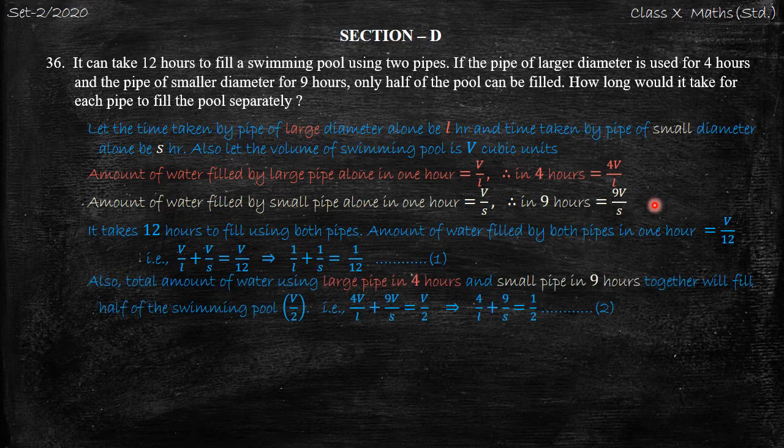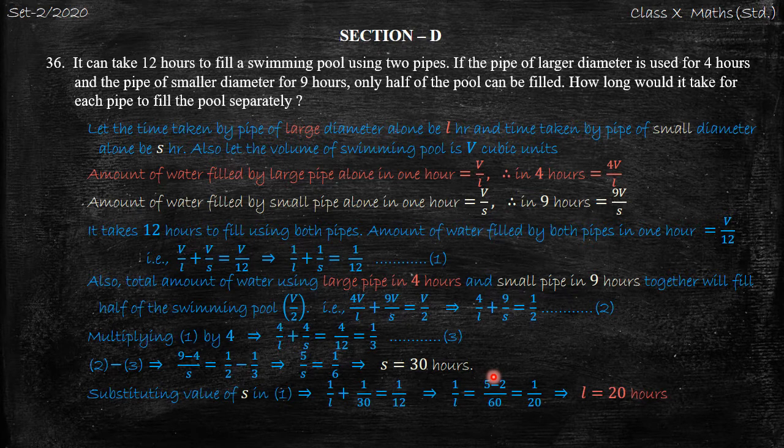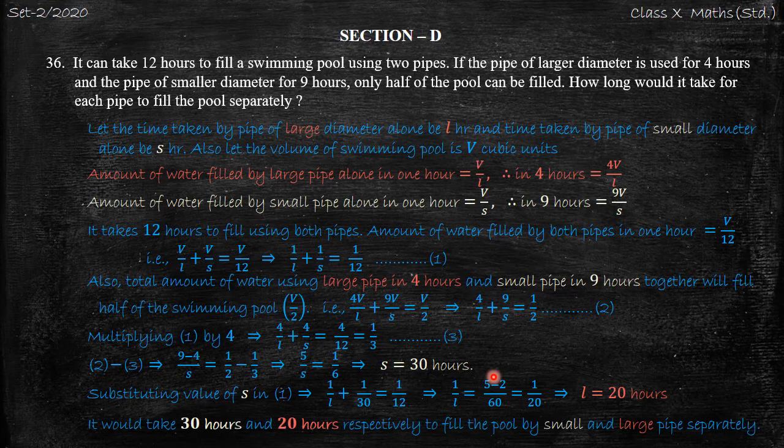So similarly, from the other information you can form the second equation also. You find the time taken for the small pipe S. Substituting that value, you can find the time taken for large pipe also. So the answers are 30 hours and 20 hours. Okay, done.